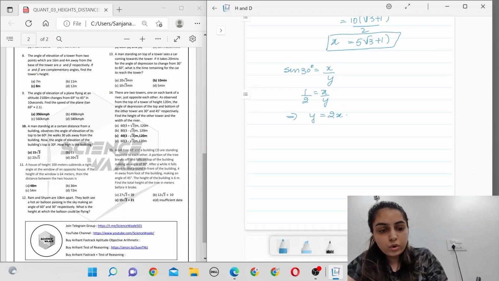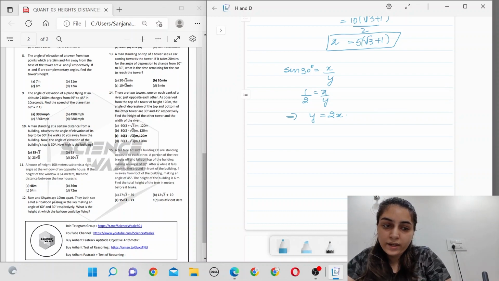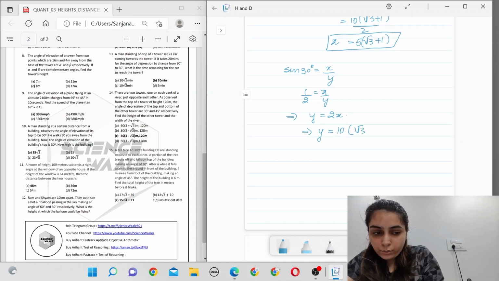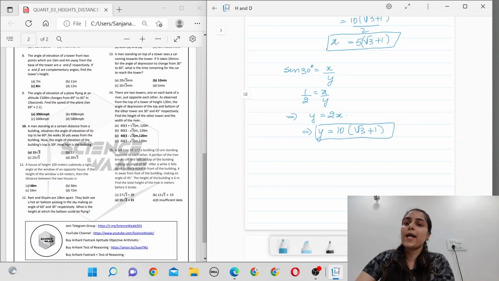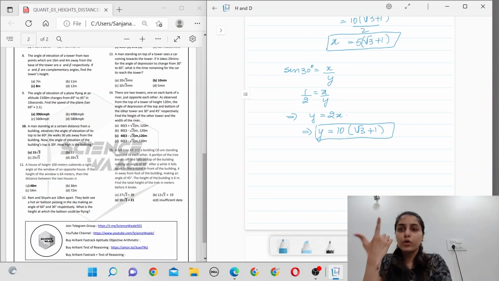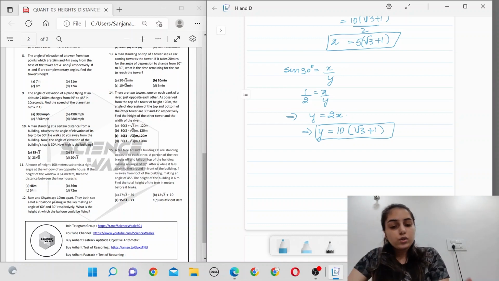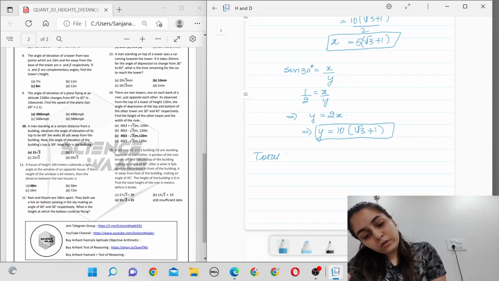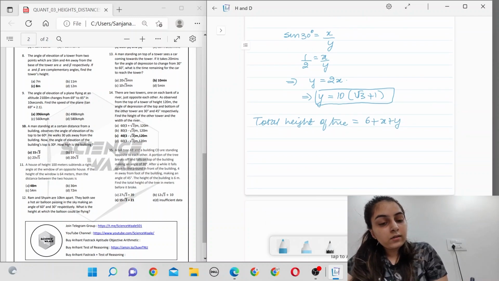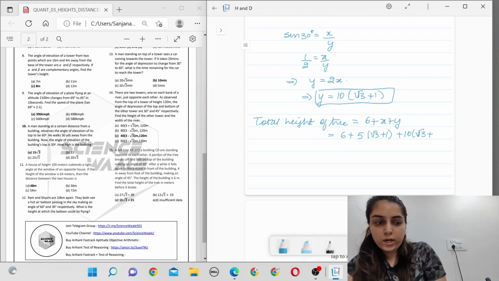So we know X. So if X is 5 into root 3 plus 1, then Y is equal to 10 into root 3 plus 1. Now it's very easy for us to find the total height of the tree, because now we know X and now we know Y. Both the variables we know. So total height of tree is equal to 6 plus X plus Y. That is equal to 6 plus 5 into root 3 plus 1 plus 10 into root 3 plus 1.